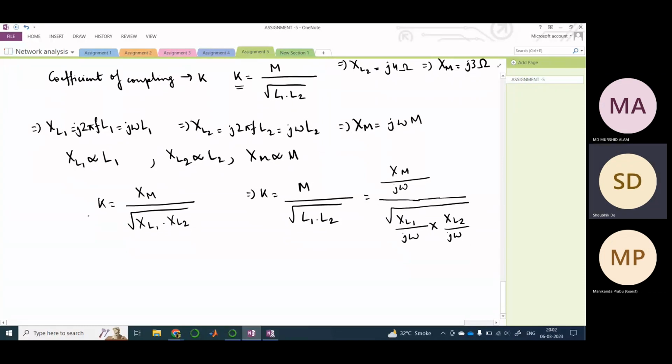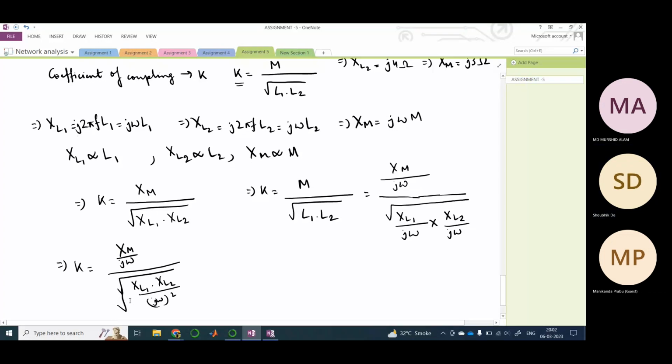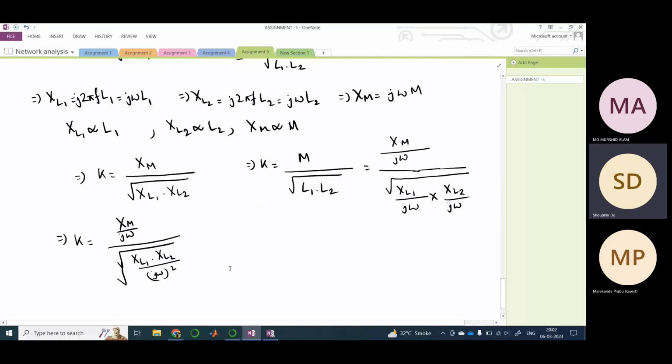So K would be XM divided by j omega, divided by the square root of XL1 into XL2 divided by j omega squared. The square and the root cancel, and the j omega terms get cancelled.